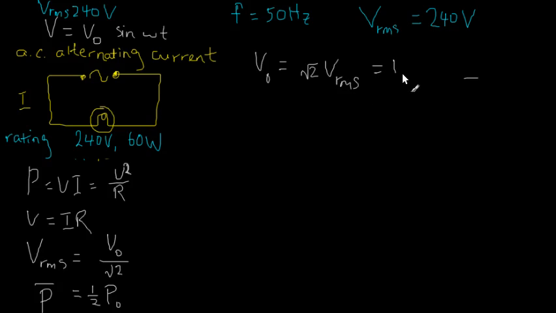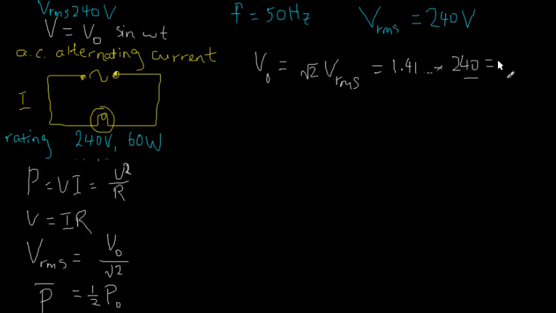Now root 2 is about 1.41 something, and VRMS in this example is 240 volts.